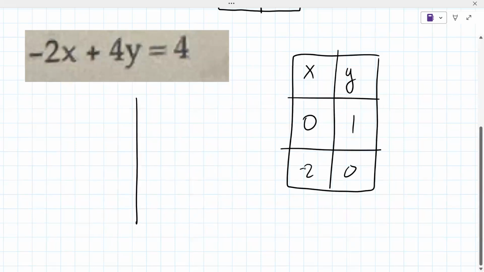Now, if we were to graph these, could you quickly sketch a graph for where these are located? I'll do the same here in a moment, but I'd like you to try that first.